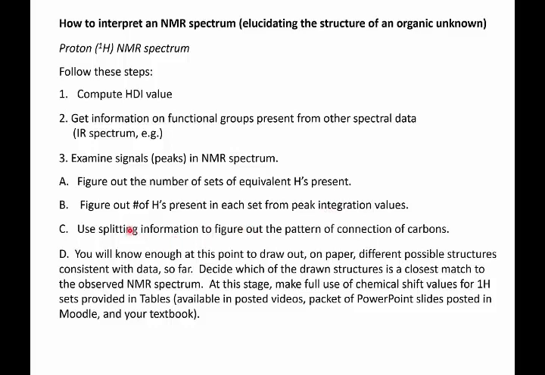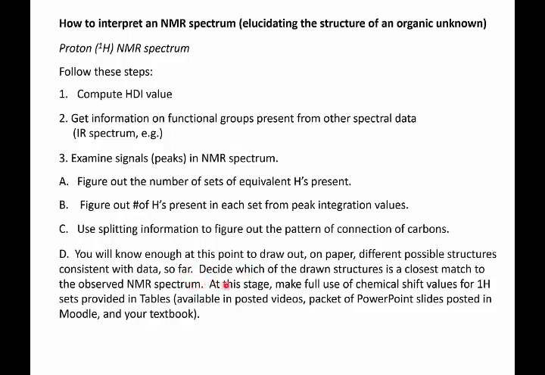Next, you can use the splitting information from the spectrum to figure out the pattern of connection of the carbons, to figure out what carbon is bonded to what carbon. Now, we're going to put all this data together. The next step is to, on paper, draw different possible structures that are consistent with the data at that point, and then stand back and decide which of those drawn structures is the best match with the observed NMR spectrum.